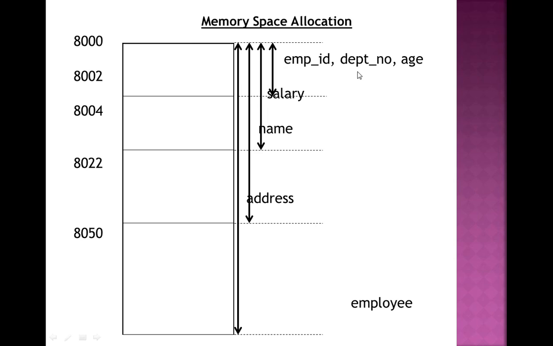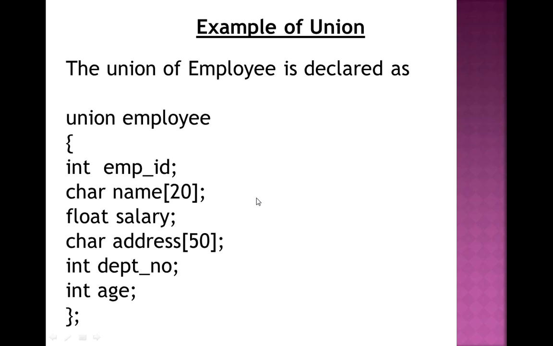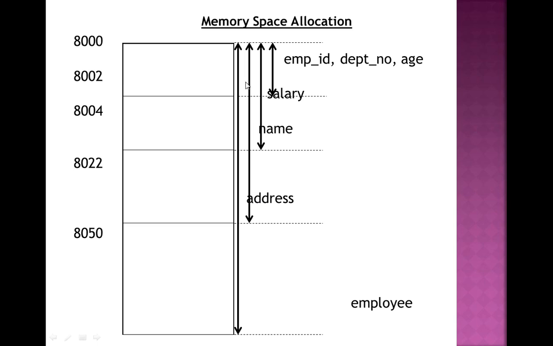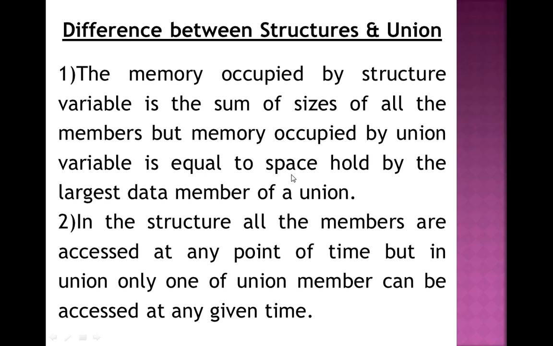We can store employee ID, department number, and age in one part, name in another, address in another, and the department number or the address within this one. This is how we allocate space in memory.